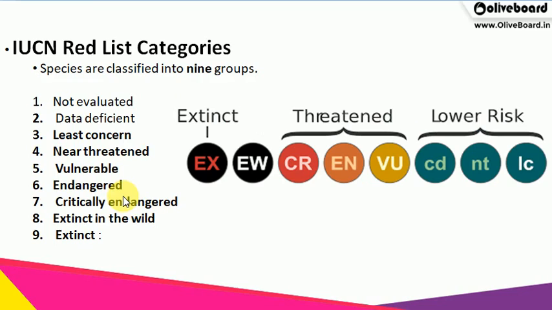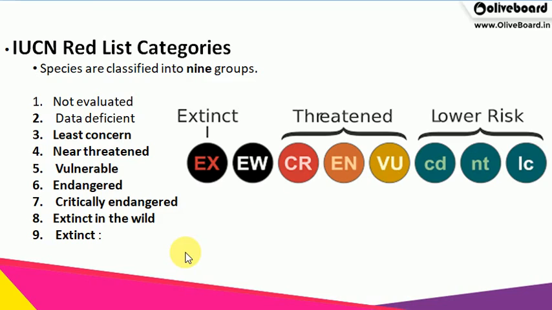Now the next important thing which we need to cover here are the IUCN Red Data List categories. They are broadly categorized into 9 groups, and it is very clear from the figure. Only 8 groups have been shown here in the figure, but we will discuss all the 9 groups.